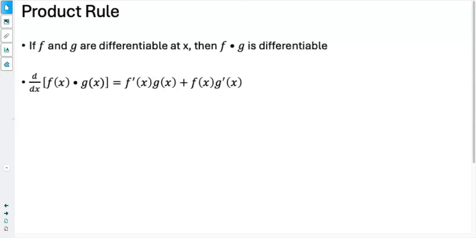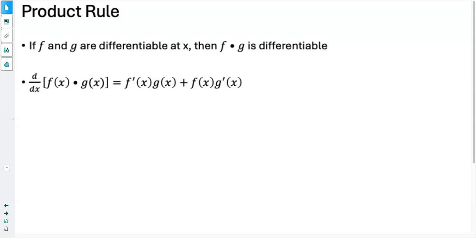The product rule states that if we have two functions, for the sake of argument, f and g, and both are differentiable at a particular x value, then f times g is differentiable at that x value.